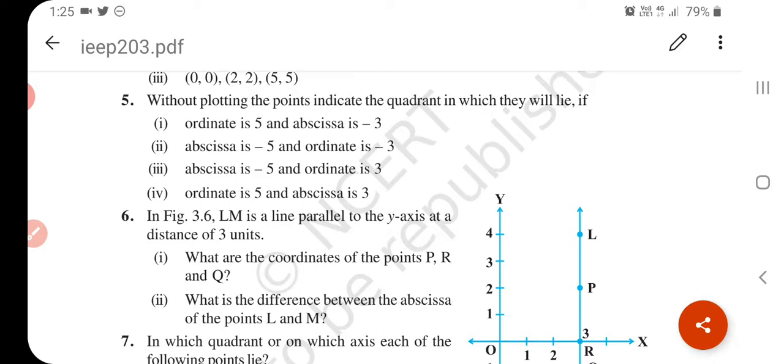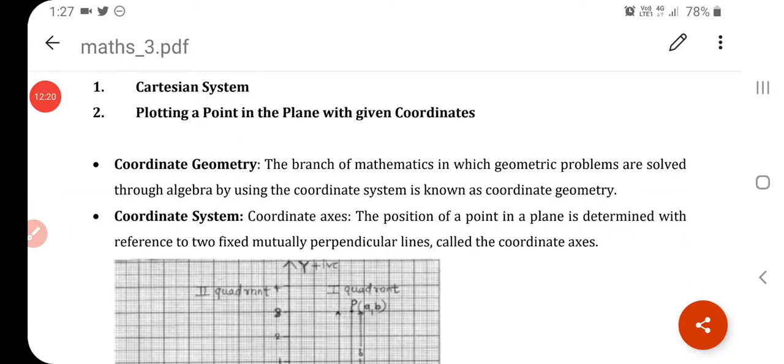So students, in this chapter we learn that the branch of mathematics in which geometry problems are solved through algebra by using the coordinate system is known as coordinate geometry. Coordinate system means coordinate axes.